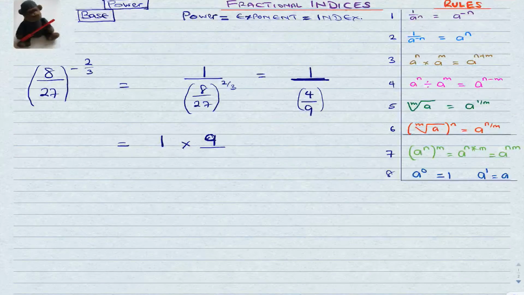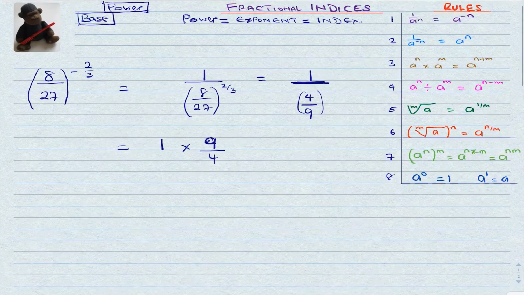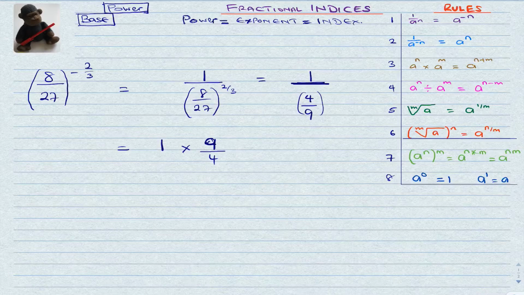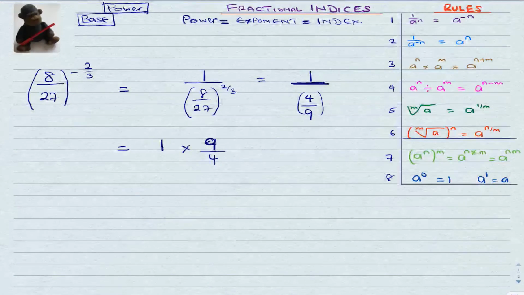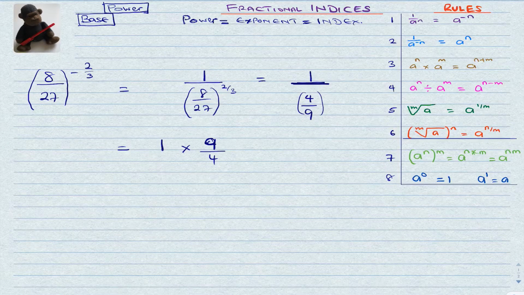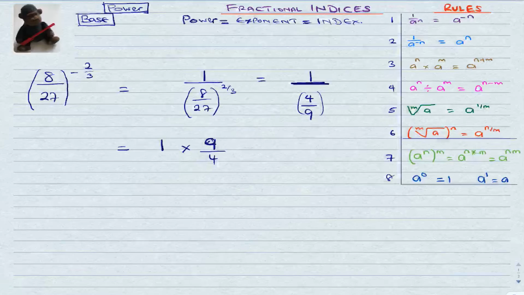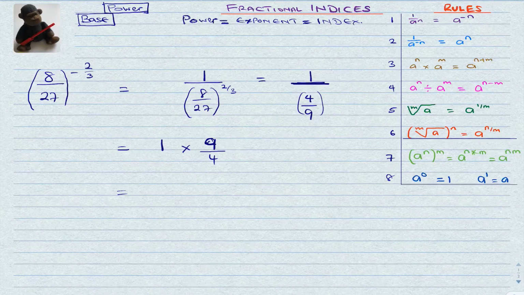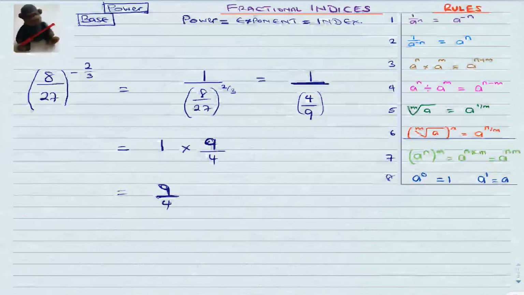So we flip the bottom, and that's what you get when you turn the divide into times. You flip the denominator, and that will become 9/4. So that's the answer to that one.